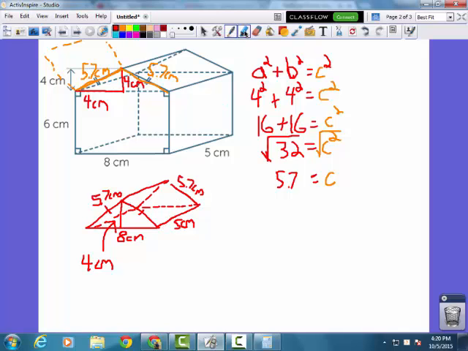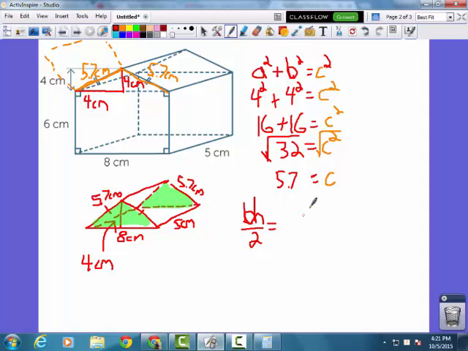So let's do our 2 triangles. We'll show that in green here. Our 2 triangles are these 2. So we will do those. Triangles are found by doing base times height divided by 2. So our entire base for this triangle is 8 centimeters, and the height is 4 centimeters.